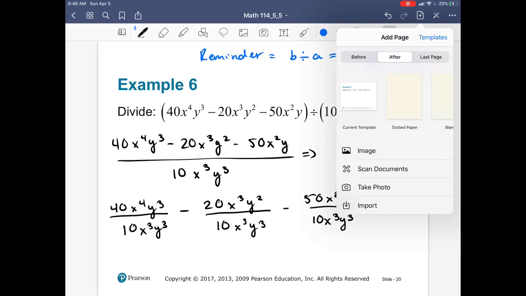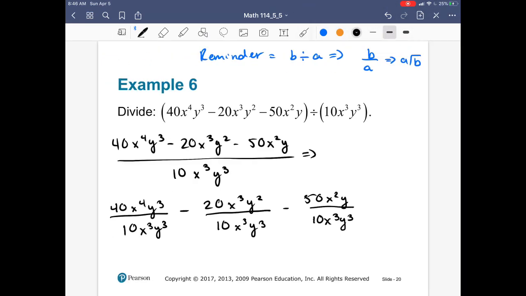After having this, we're going to be treating each and every single term separately.